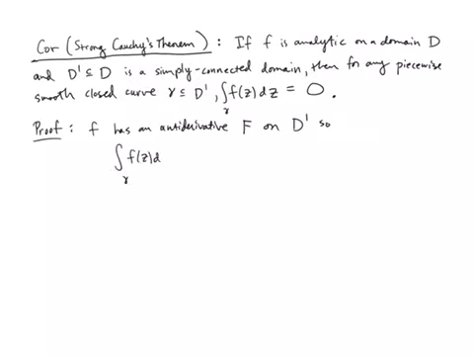Right, so your curve can look particularly nasty. There are examples of curves that intersect infinitely many times. So note, gamma can have infinitely many self-intersections.